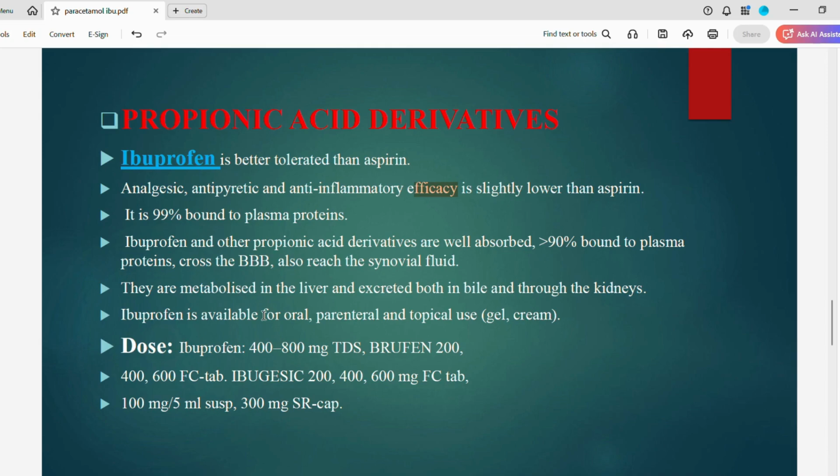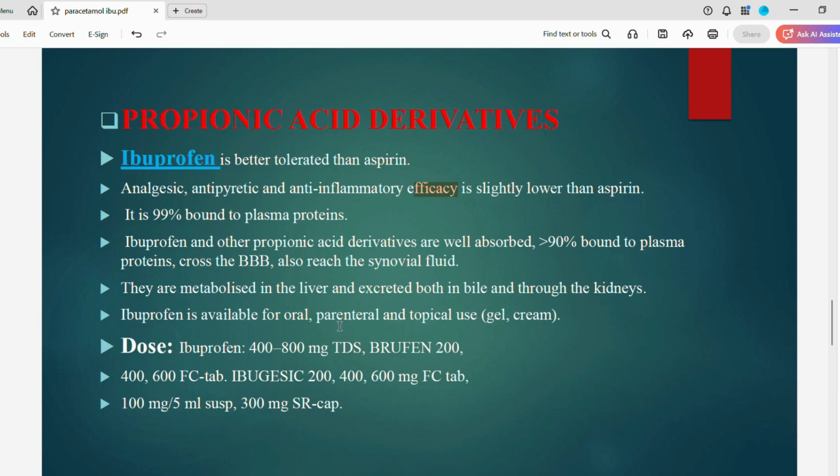They are metabolized in liver and excreted both in bile and through kidneys. Ibuprofen is available for oral, parenteral, and topical use. In topical use, there are some gels and creams.